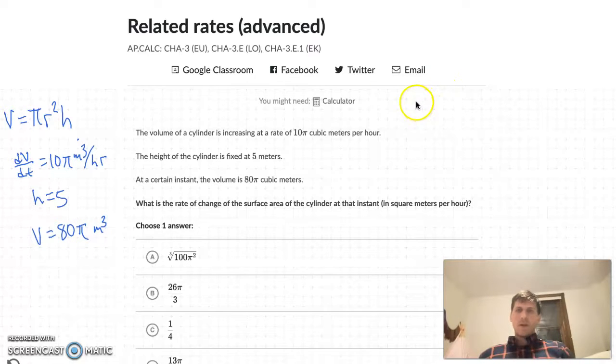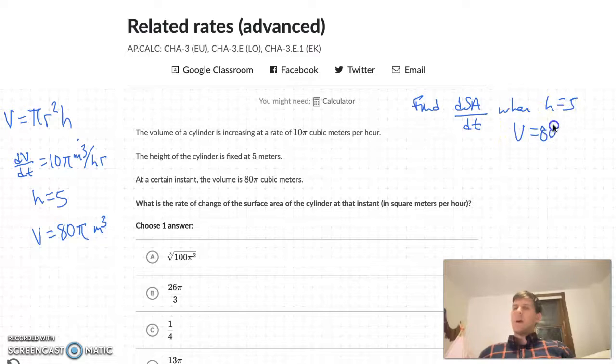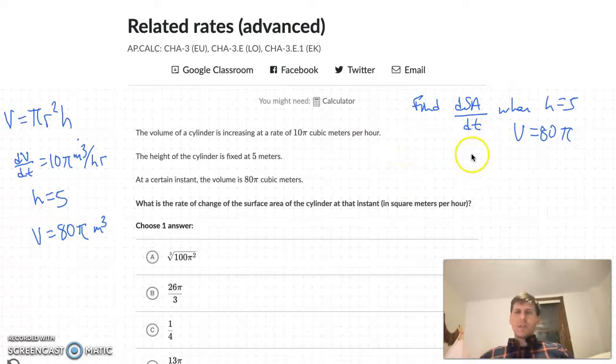So we want to find the rate of change of the surface area over time at that instant. So that's when h is always 5 and V equals 80 pi. Okay, so let's think about this.